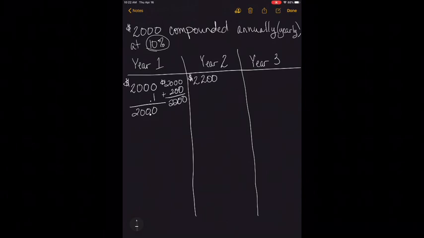So in year 2, she's going to earn interest on that $2,200. Now, we just multiplied by 0.1, but if we had multiplied by 1.1, then we would not have needed this extra step of addition. It would have been within our problem. Okay, let's see how that works.